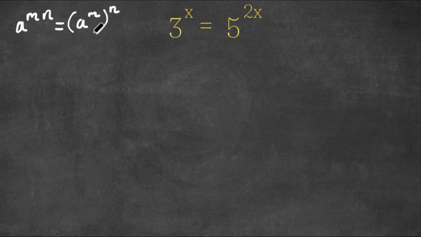And also vice versa. A to the power of m to the power of n is also equal to a to the power of m times n. So right here we have 5 to the power of 2x. And using this property, this can be written as 5 to the power of 2 to the power of x.